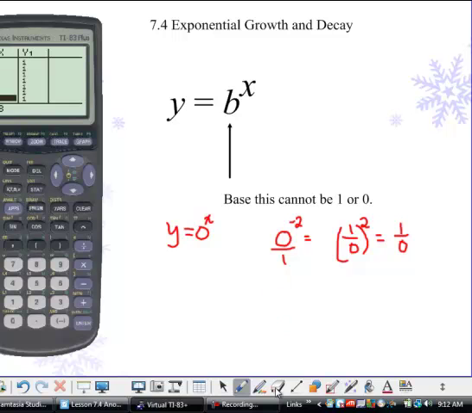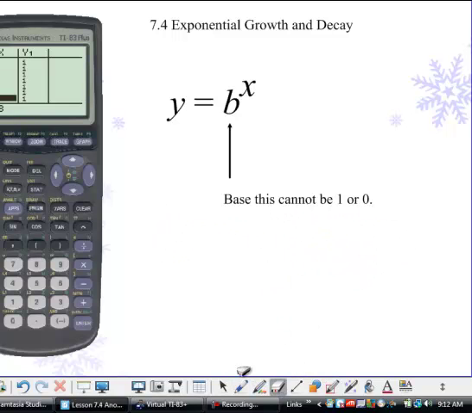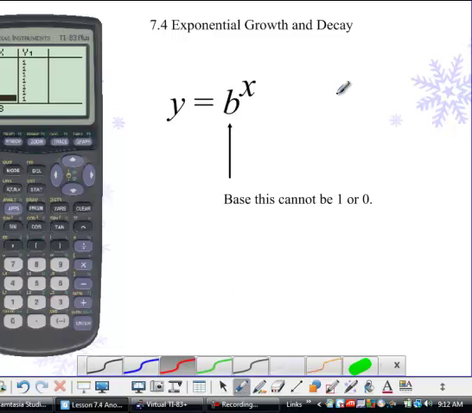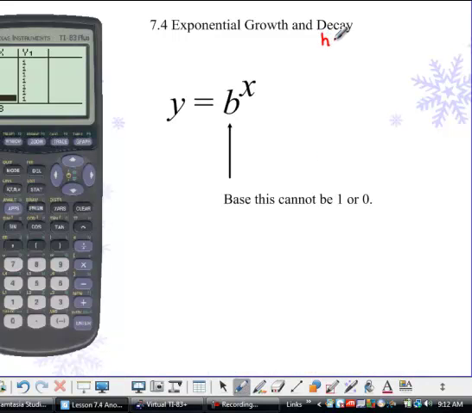Now, you've already done exponential decay. You did it in chemistry. In chemistry, it was called half-life. So you started off with a substance, you were given its lifespan, and you would say every 50 years, half was left.